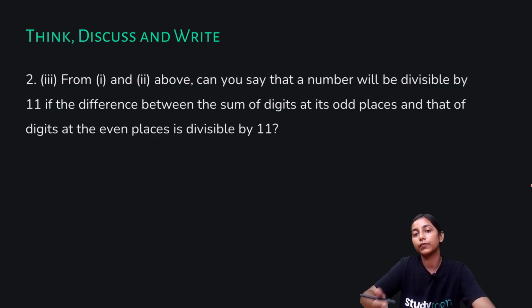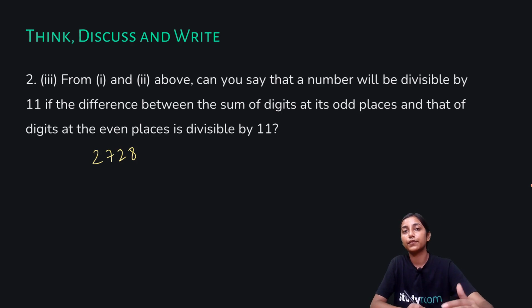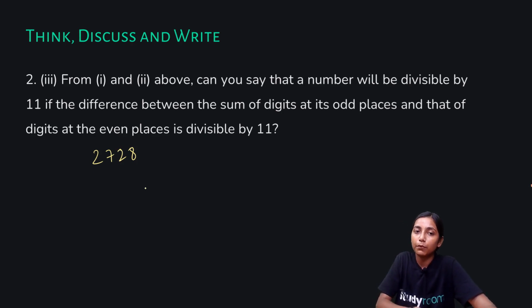I'll also tell you by taking an example. Let's just take this example, 2728. We know that this number 2728 is divisible by 11. But what if we take the difference between the sum of the digits at odd places and that of the digits at even places? So 7 and 8 is 15.